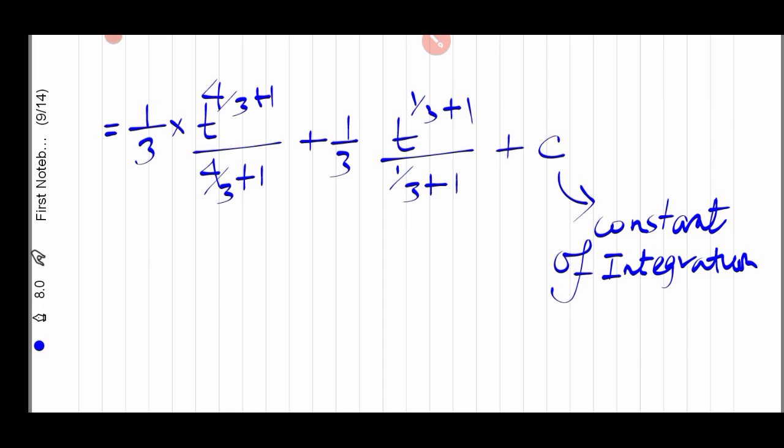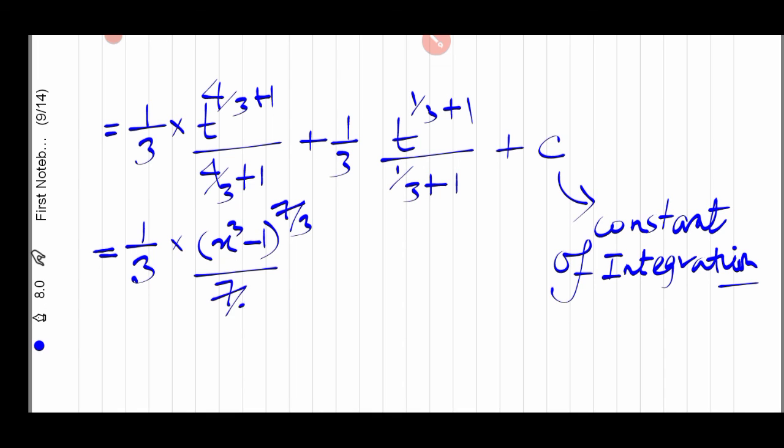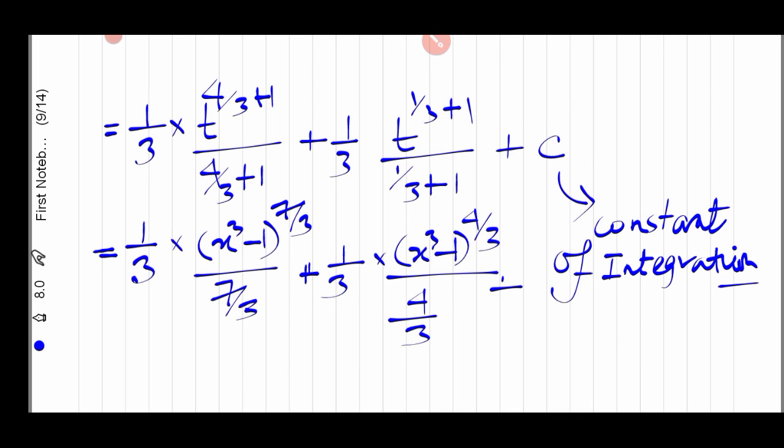Now substituting the value of t, that is x cube minus 1, we have 1 by 3 into (x cube minus 1) whole to the power 7 by 3 divided by 7 by 3, plus 1 by 3 into (x cube minus 1) whole to the power 4 by 3 divided by 4 by 3, plus c.